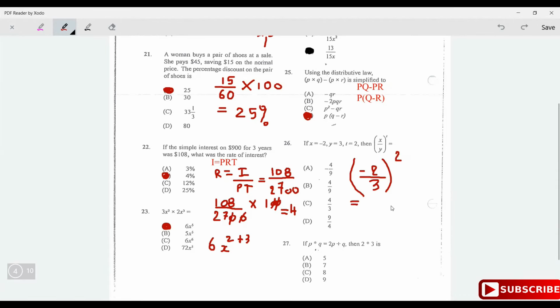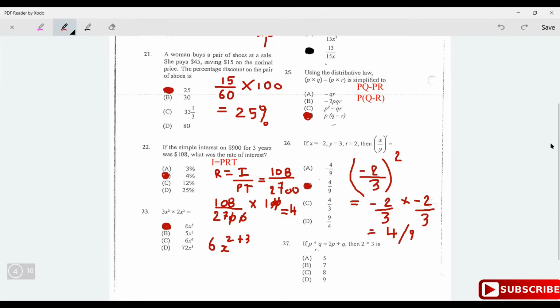So -2 over 3 is being multiplied by -2 over 3. -2 times -2 is 4, and 3 times 3 is 9. So it's 4 over 9. Option B.